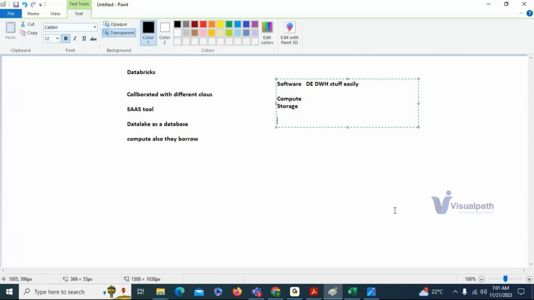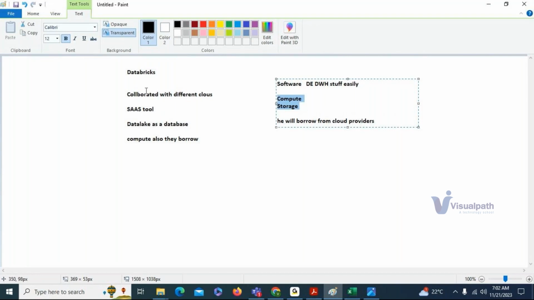That he will borrow from cloud providers, because this software exists on Azure, on GCP, on AWS. So they will get the money for compute and storage.